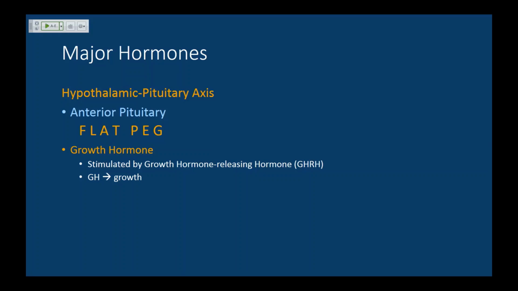Okay, growth hormone. Growth hormone is stimulated by growth hormone releasing hormone, and this is a pretty easy one. It basically allows you to grow. A child with too much growth hormone will have something known as gigantism, which is they just grow too much.